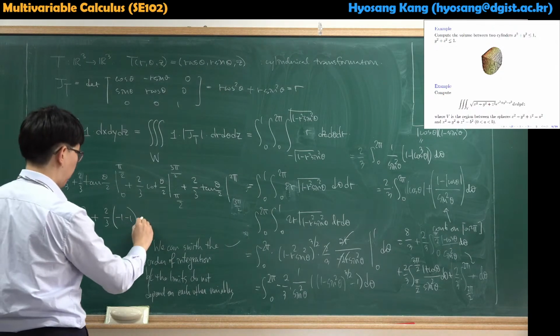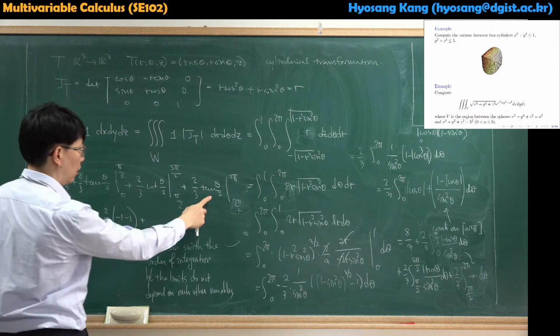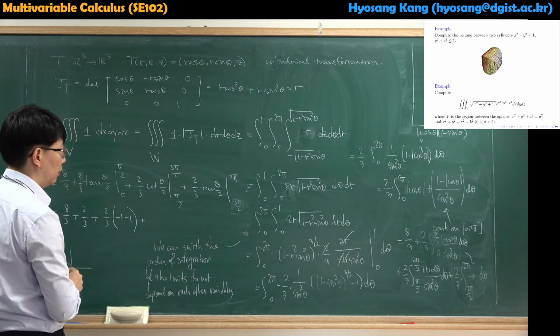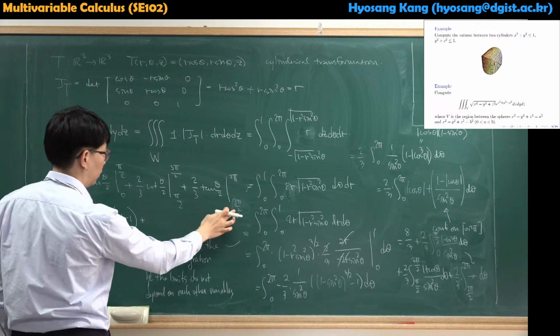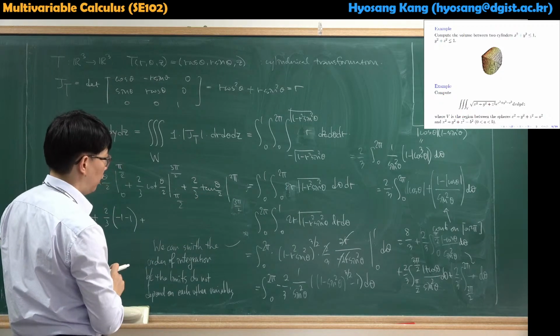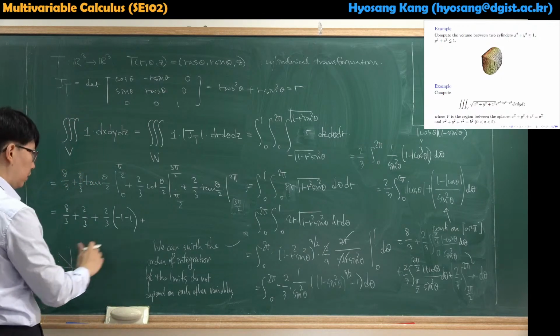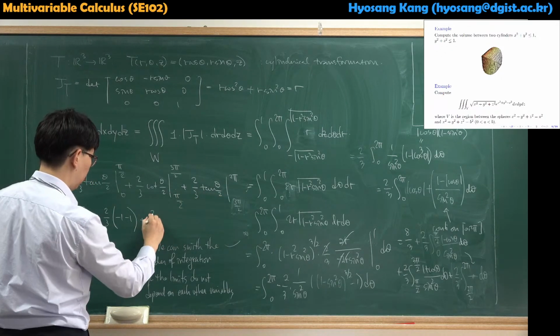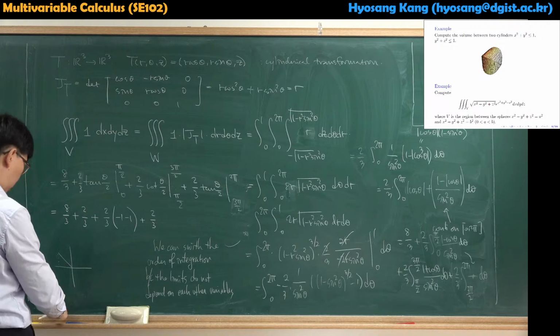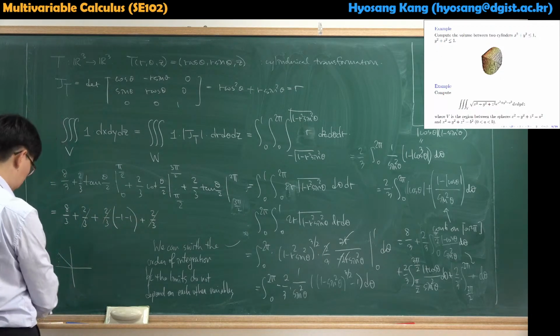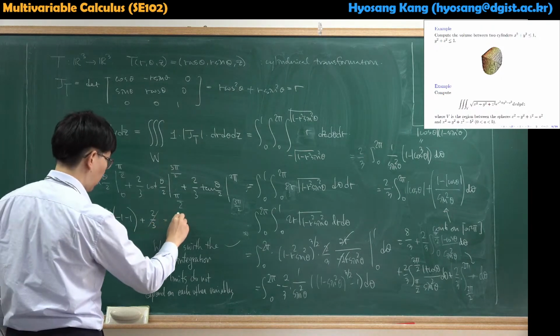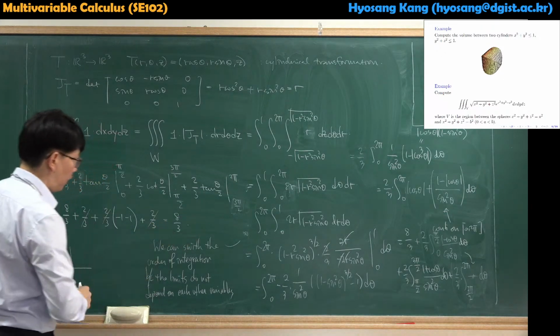Okay. And then how about this part? So tangent pi is 0, and tangent 3 pi over 4 is negative 1, so it's positives. So they all cancel out, right? So 8 over 3.